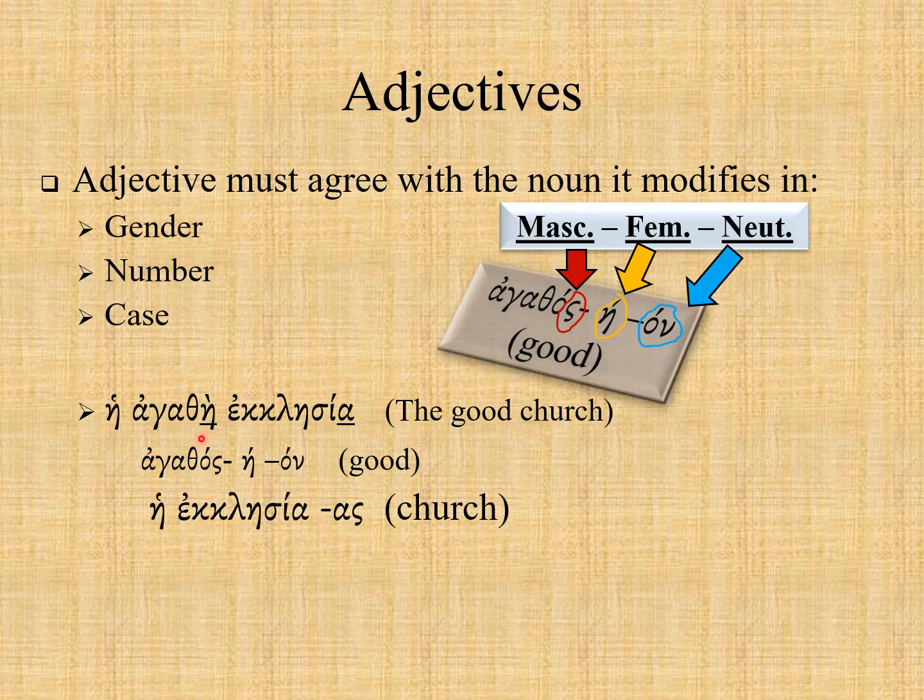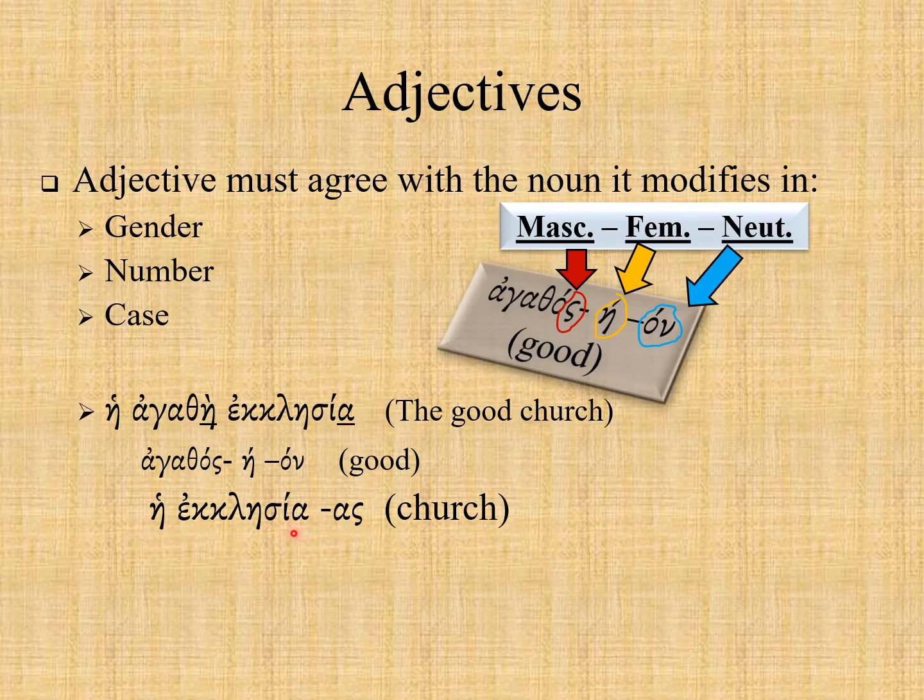And notice I have underlined here the feminine form of the adjective. The reason why it is feminine form is because he ecclesia is a feminine word. Now you would have to know from your vocabulary that it actually is he ecclesia.